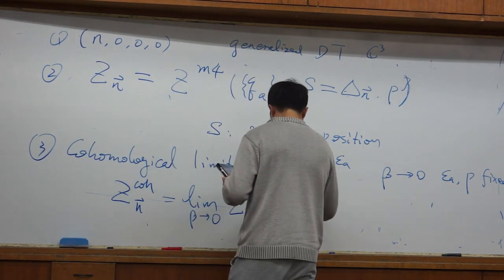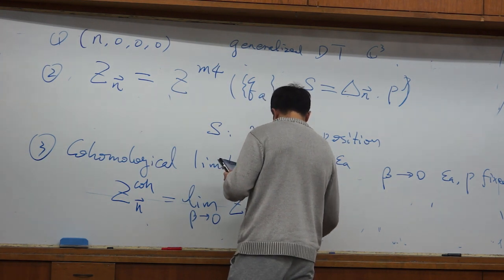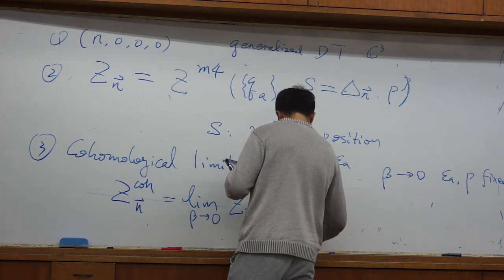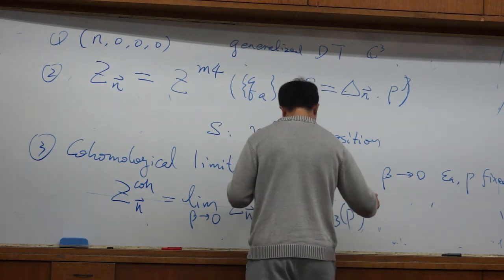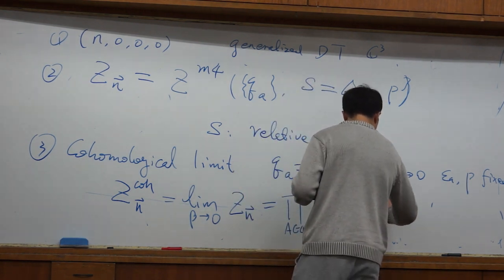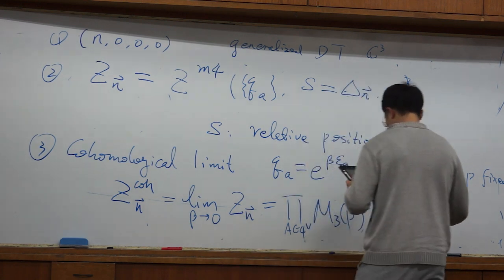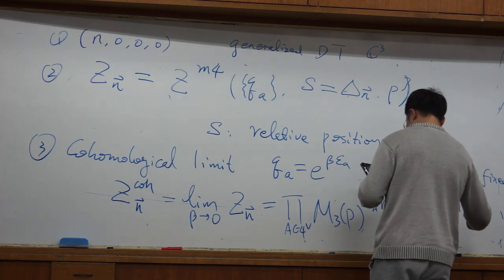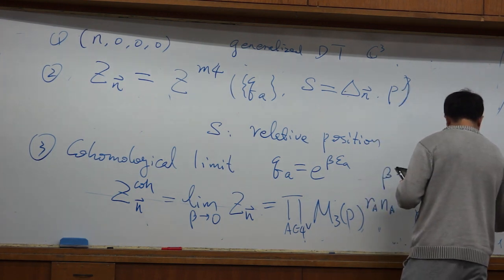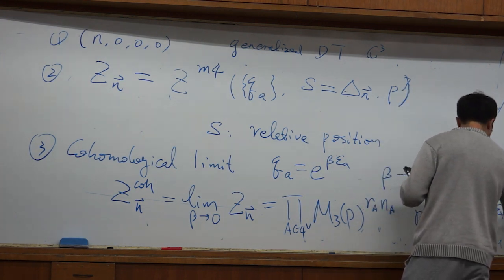It can be written as some product of a magma Hom function, where this RA is this combination.